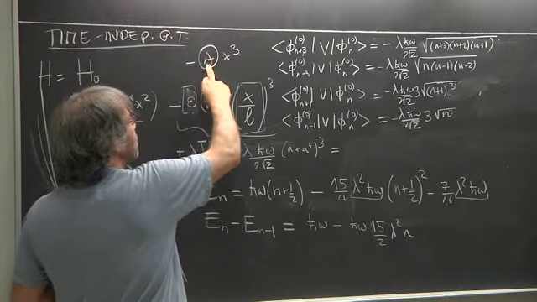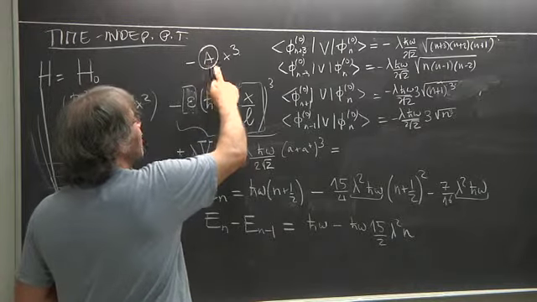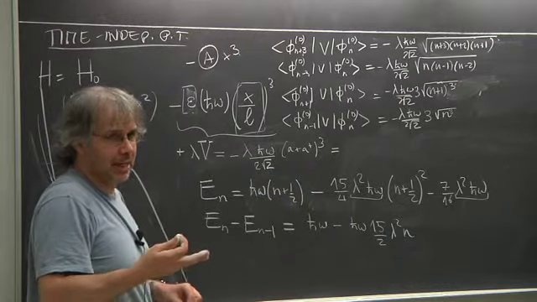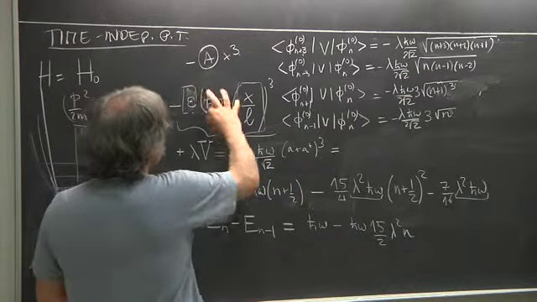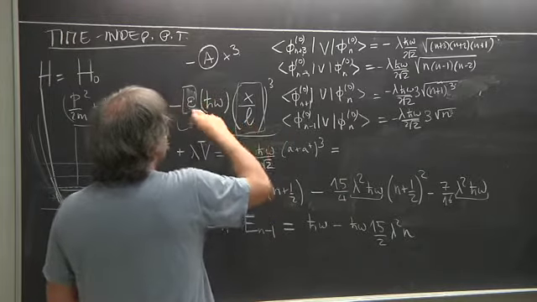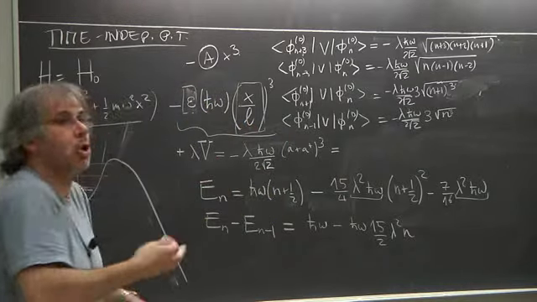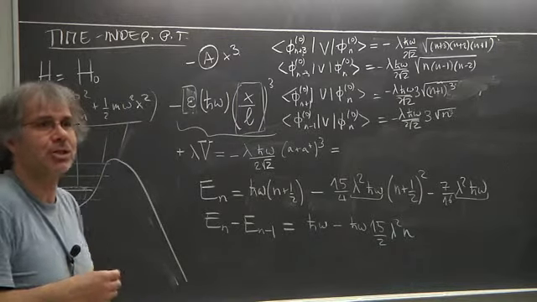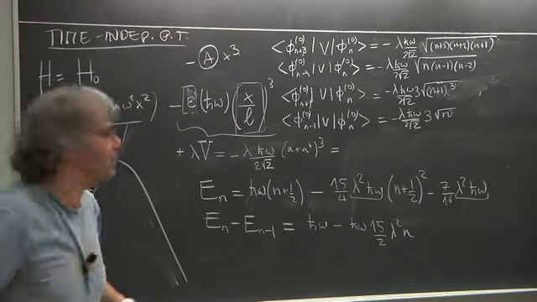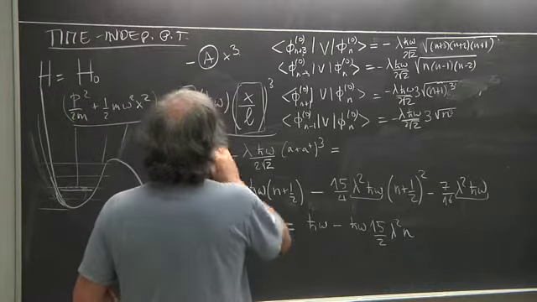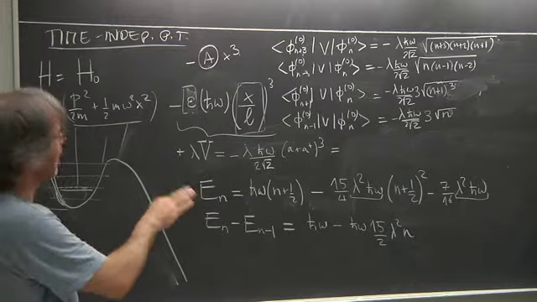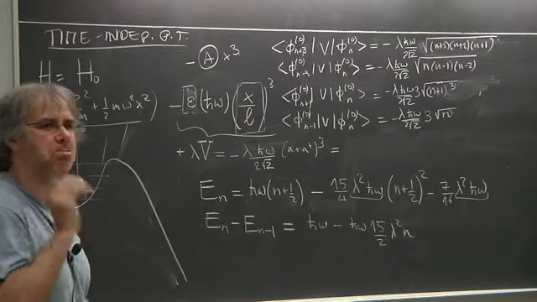But I know that this must be an energy divided by a length cubed, because the result has to be an energy. So I fish out the energy, I fish out the length cubed, and the remaining thing is some constant, which could be small, large, whatever. So this constant is lambda, or epsilon. Perhaps epsilon is a better name, but let me not substitute everywhere. So wherever you see lambda, call it epsilon. It's some number.